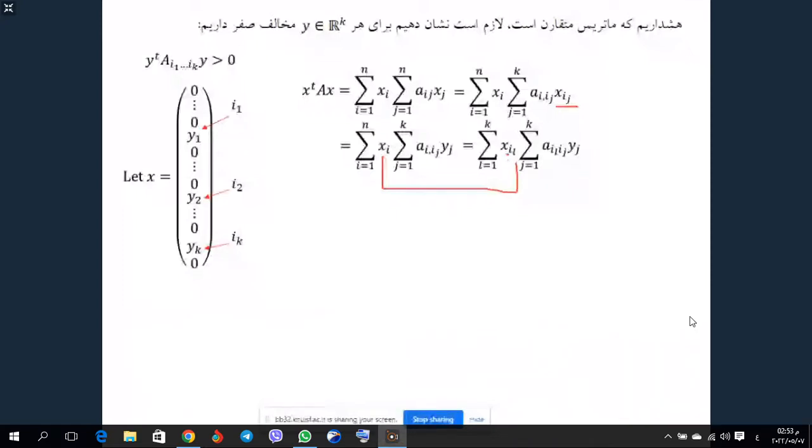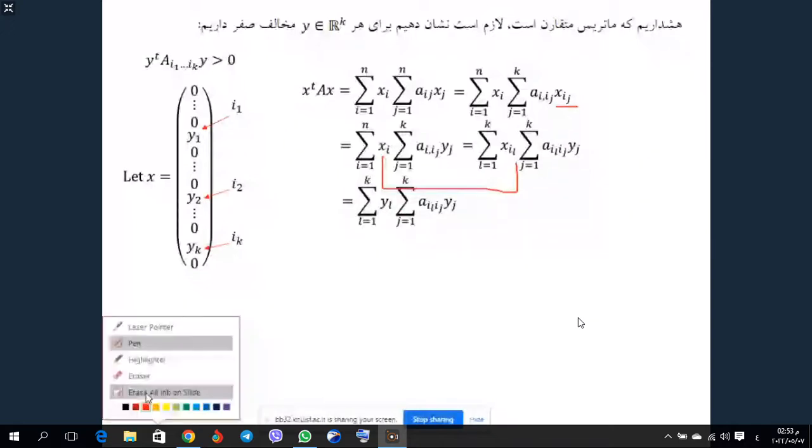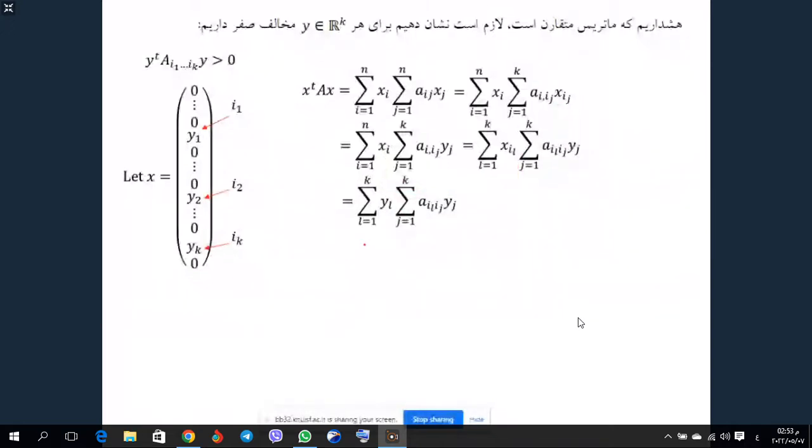We wrote them again by yj, by yl, that is sigma l from 1 to k yl, sigma j from 1 to k of a_il,ij yj, that is y transpose A(i1, i2, ik) y.